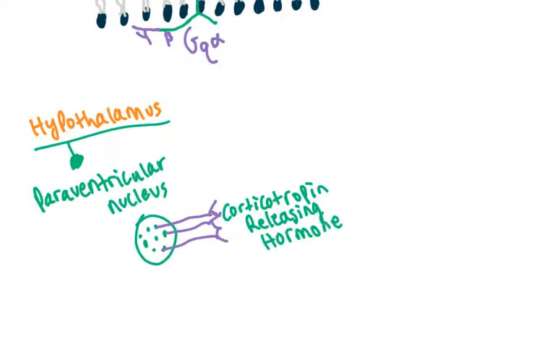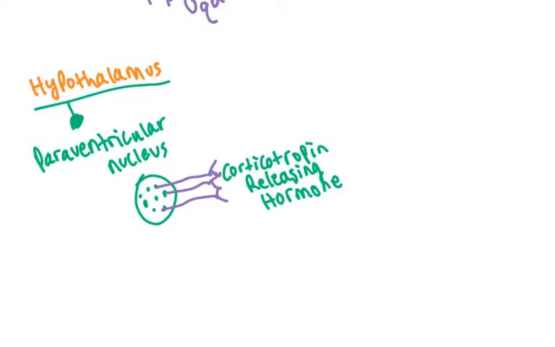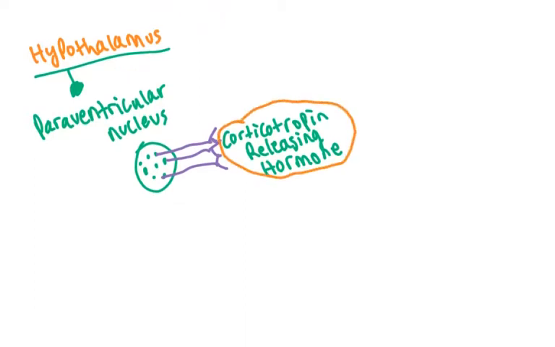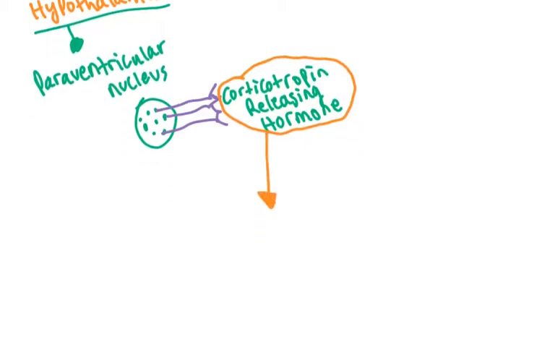Then this corticotropin releasing hormone that was released by the paraventricular nucleus has to go to the anterior pituitary gland. But it can't just go there, it needs a blood portal system.